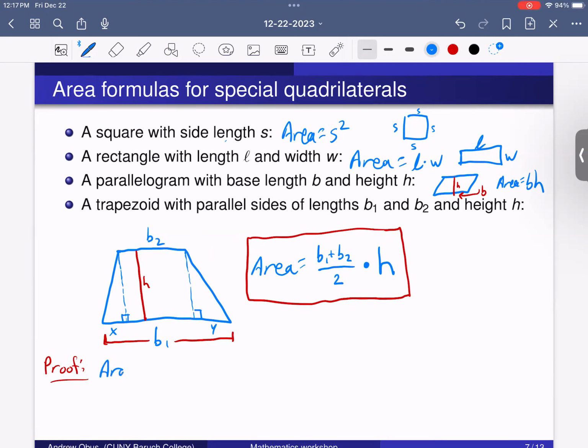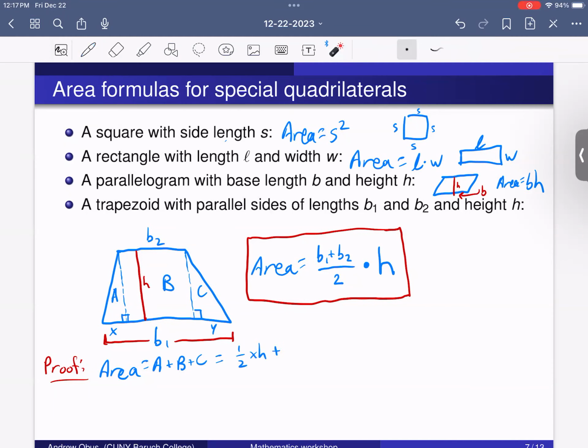So what do we have? Let me give these parts names. The triangle is A, the middle rectangle is B, and this other triangle is C. So the area is A plus B plus C. What's A? A is a right triangle with base X and height H, so that's 1/2 XH.